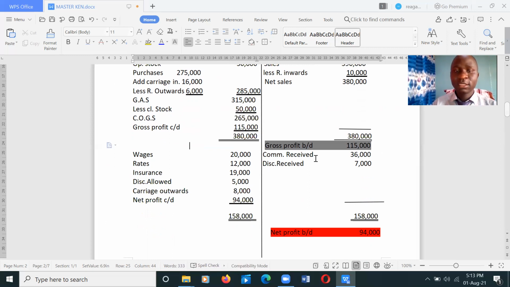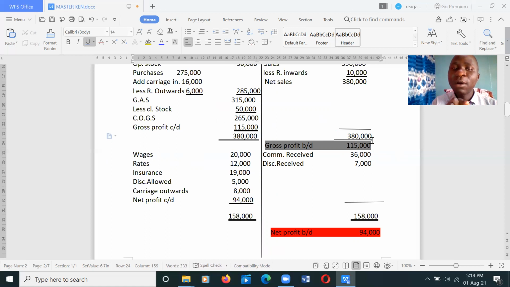Now, since I carried 115 to add to 265 to balance both sides, it then means that after you have done that, you underscore. When I say underscore, it is these two lines here on the other side. These two lines show that we have balanced our trading account.